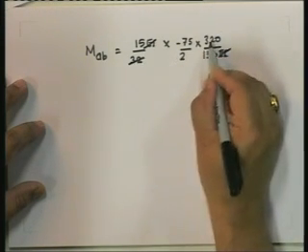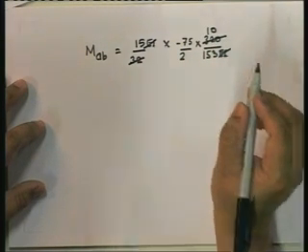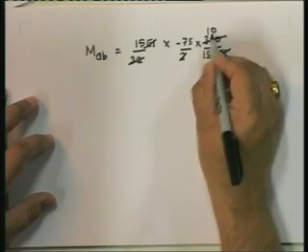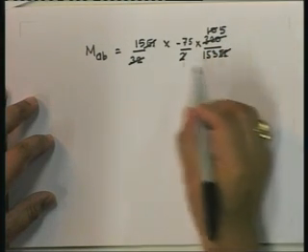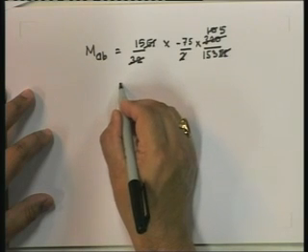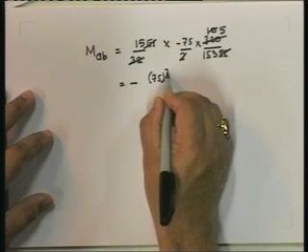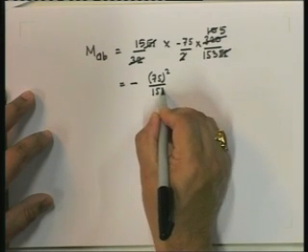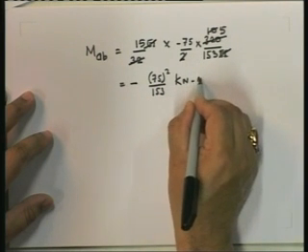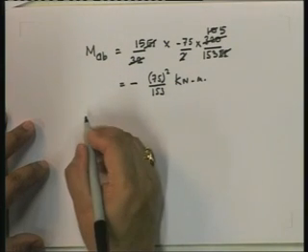EI cancels, 320 cancels 10, 10 cancels 5, so it's going to be equal to minus 75 squared upon 153 kilonewton meter.